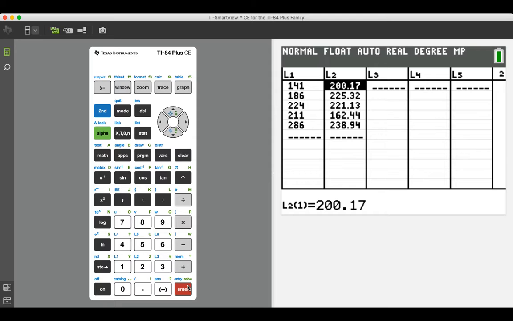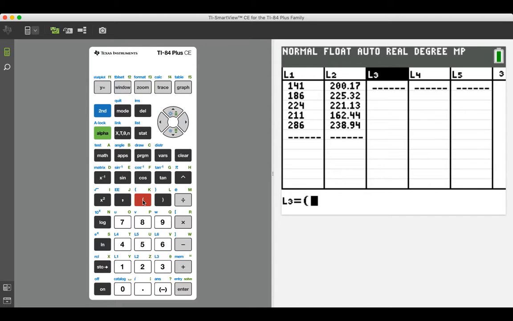So we make another list. Go over to L3, highlight the very top, and put in the chi-squared statistic formula: observed minus expected, squared, divided by expected. So basically just put our formula in.